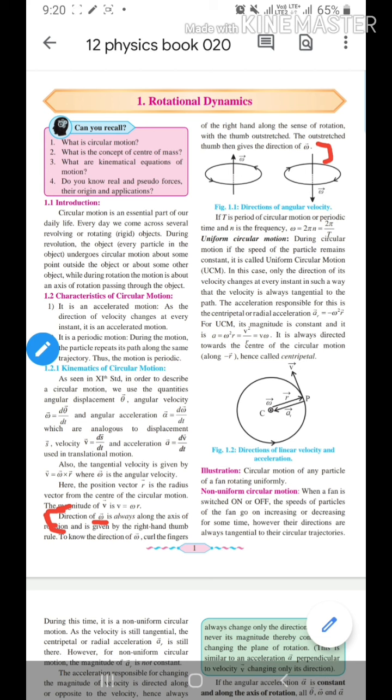We may think that the direction of the angular velocity omega is in the plane of the circle, but actually it is perpendicular to the plane of the circle and along the axis of rotation, as shown in this diagram, and it is determined by a right hand rule. The necessity of the use of a right hand thumb rule will be explained in the next video.